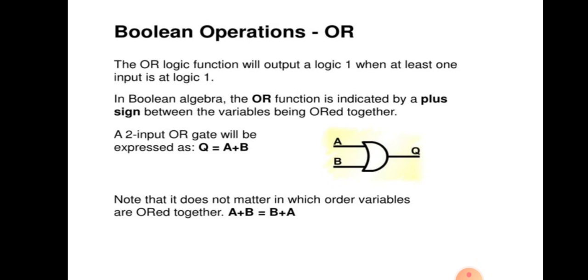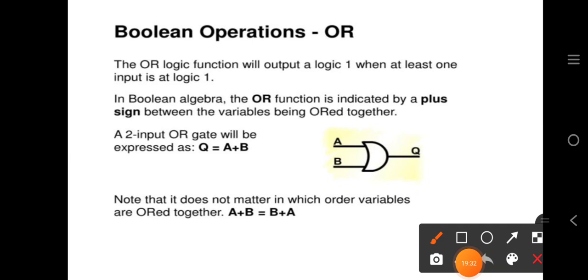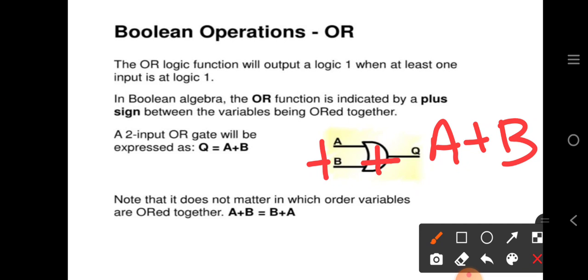As you know, if you have used an OR gate, then you can represent it as a plus symbol. Here, a 2-input OR gate will be expressed as Q equals A plus B. Note that it does not matter in which order variables are ORed together.